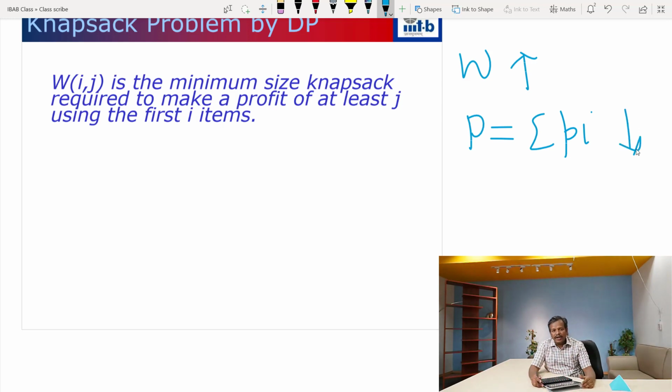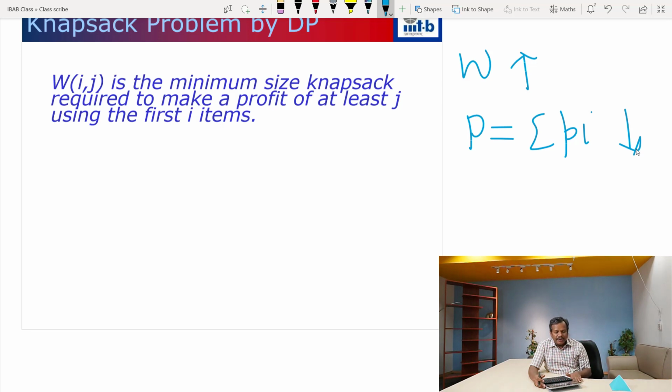I am okay if the time complexity depends on P because that is smaller, but it should not depend on W. So can we flip the dynamic programming formulation and think of an algorithm whose complexity depends on P, not on W?